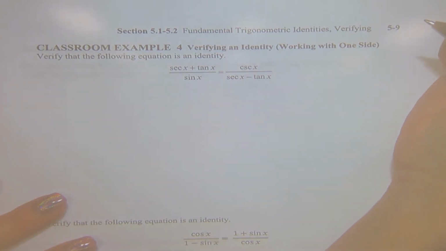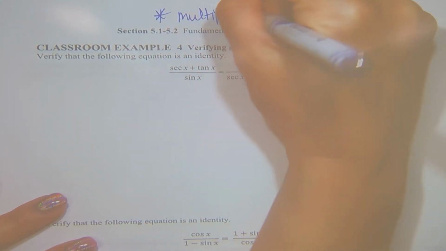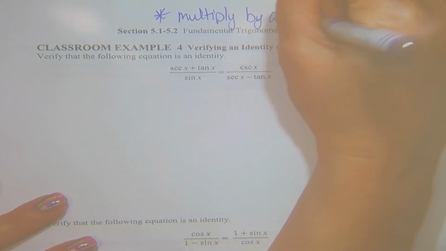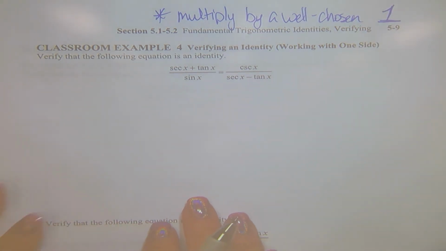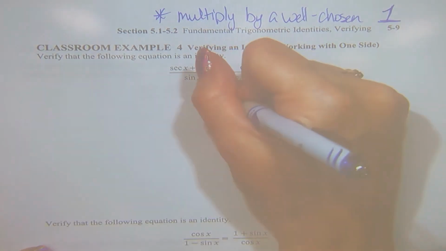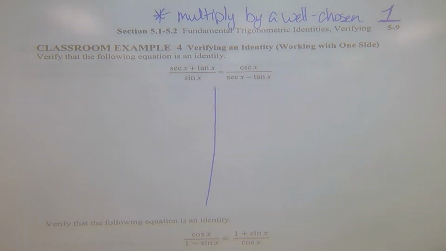All right. The tool that we're going to make use of on this page is multiplying by a well-chosen 1. Remember that 1 is anything over itself. We are going to multiply by a well-chosen 1. I am going to show you how to do each of these working down either side.